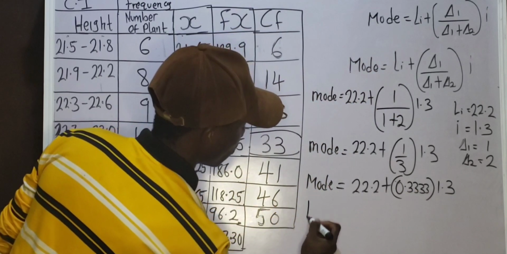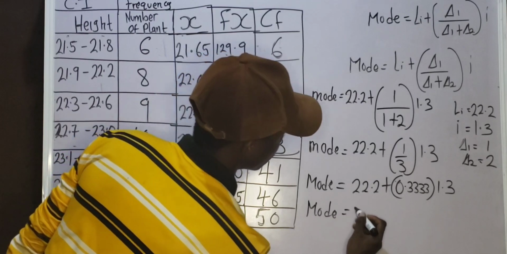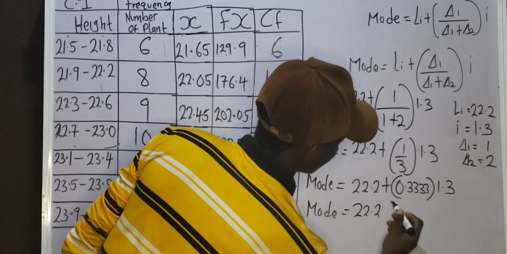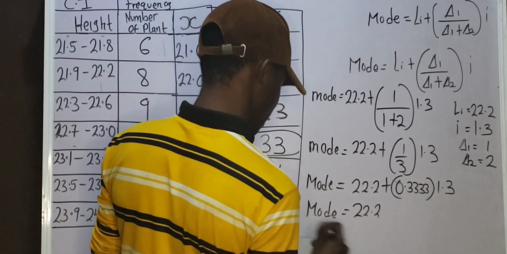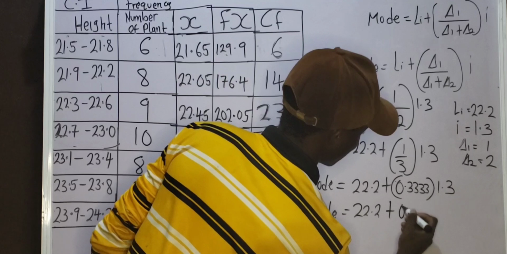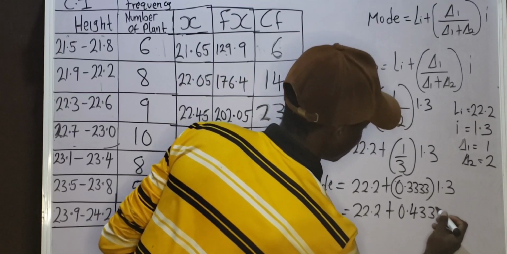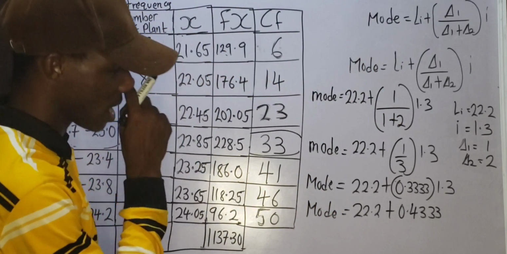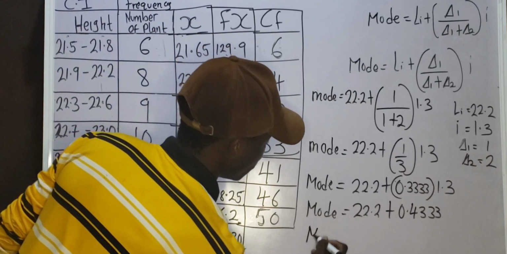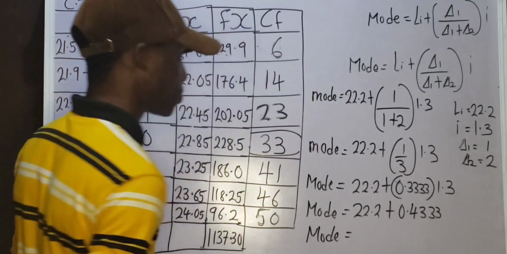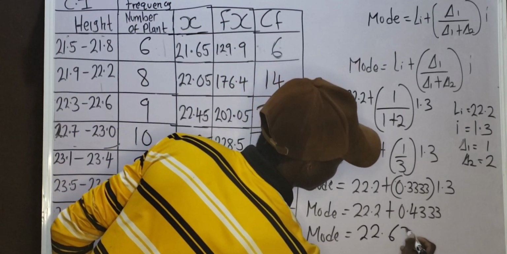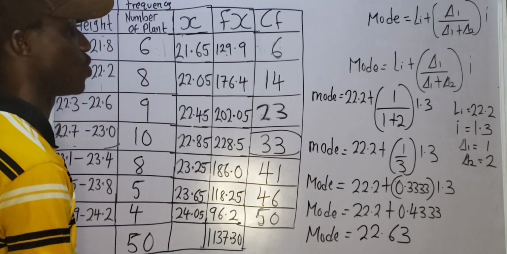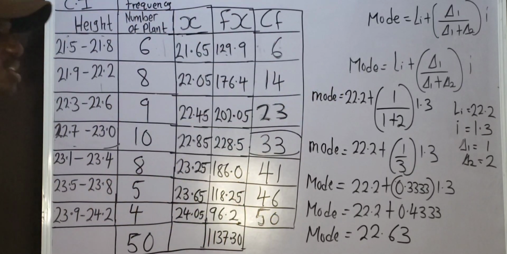Okay, so the mode is equal to 22.2 plus the product of 0.333 and 1.3, that is 0.433. You understand? So now if you add this together, you're going to get the mode. The mode here is 22.2 plus 0.4333, that is 22.63. Do you understand how I got this? So the mode of the data is 22.63. Please, you can see how I simplified it.